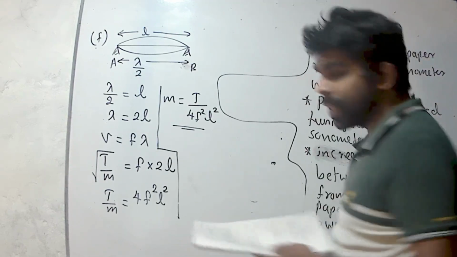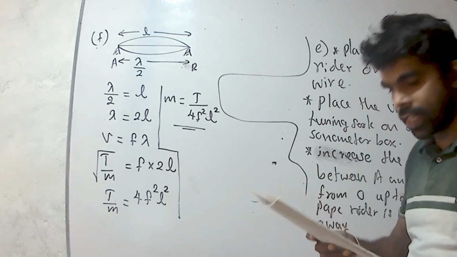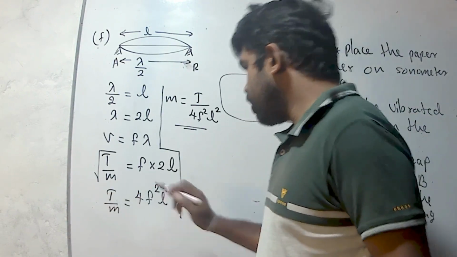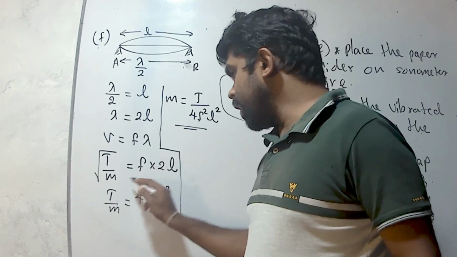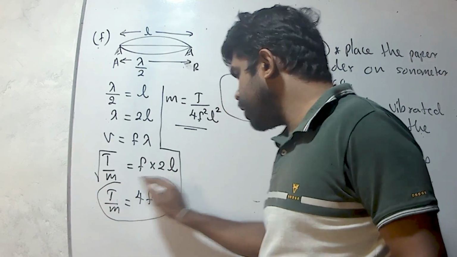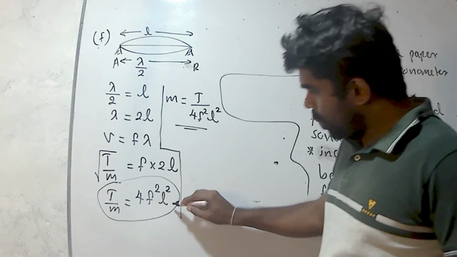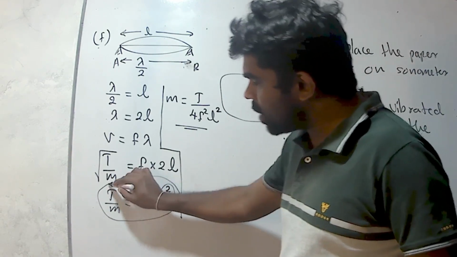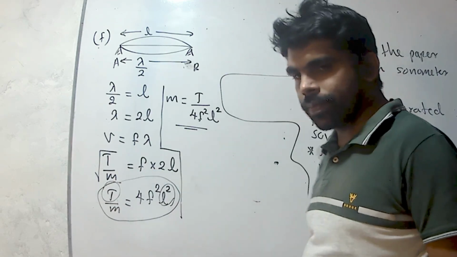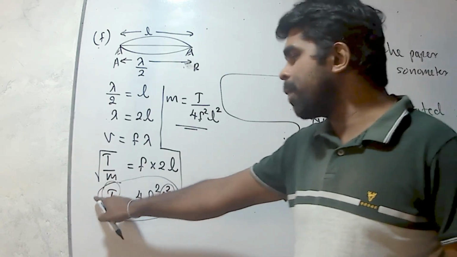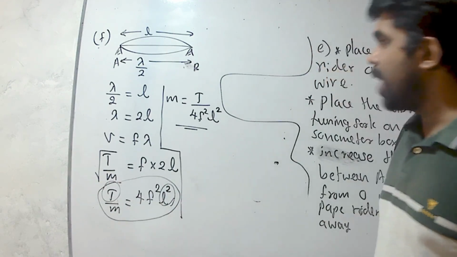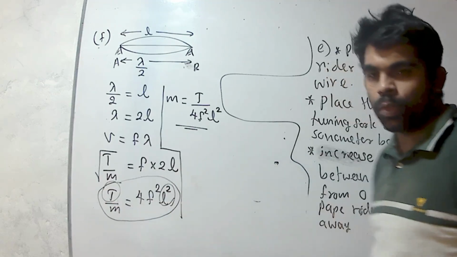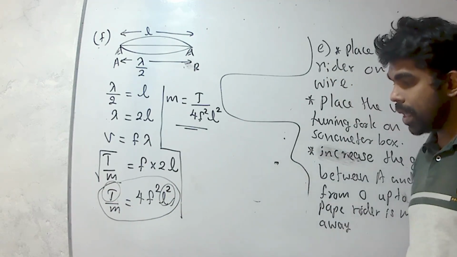Then we have to write a method to increase the resonance length. When considering this equation, we can observe that the square of length is directly proportional to tension. Therefore, we can increase the tension of the wire to obtain a higher resonance length.